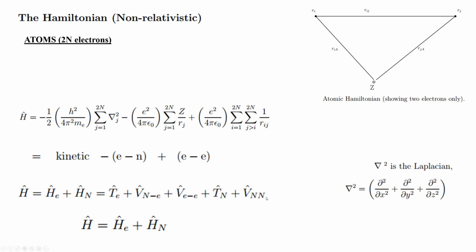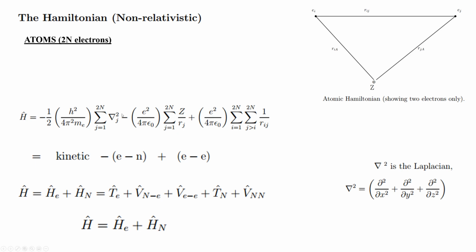And the last term here is the potential between nuclei, between nucleus A and nucleus B. So simply, the Hamiltonian should always contain these five terms. And again, the sum of these five terms represents the electronic Hamiltonian and also the nuclear Hamiltonian.